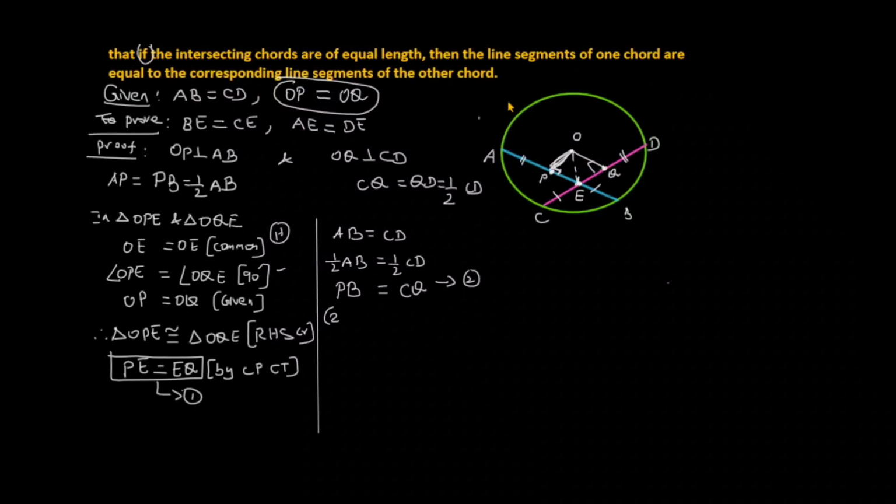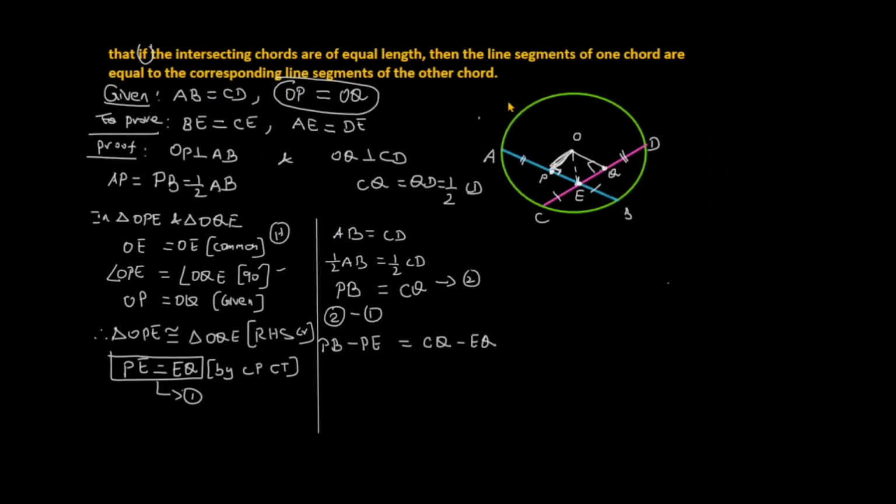Now, subtract equation 1 from 2. That is PB minus PE is equal to CQ minus EQ. Because PB is equal to CQ and PE is equal to EQ, we are subtracting equal quantities from equal quantities.